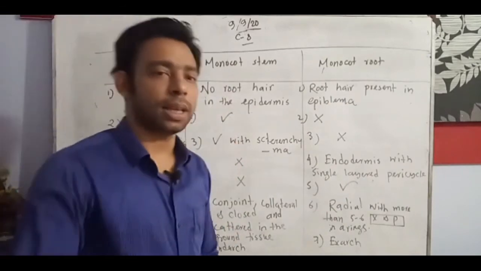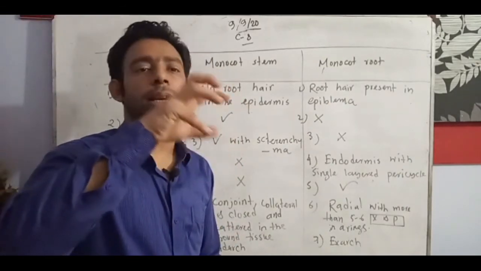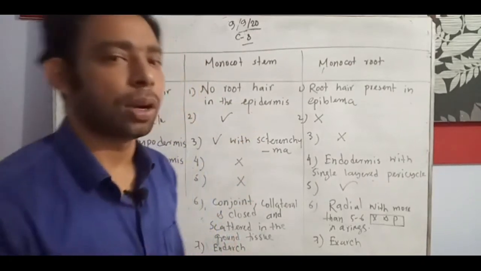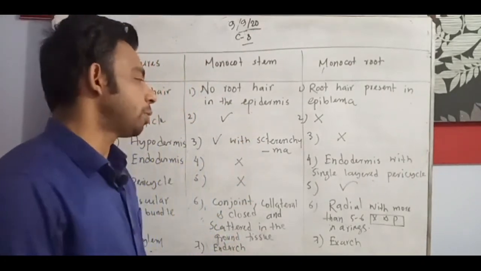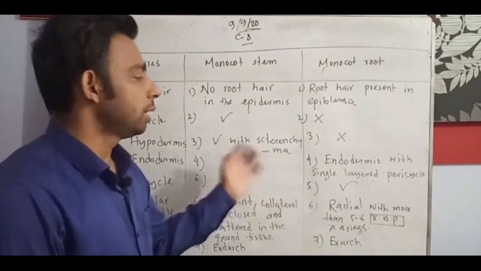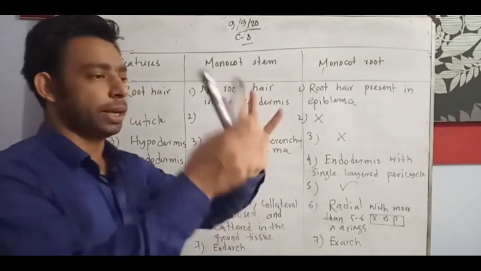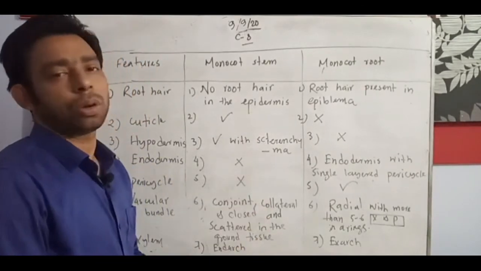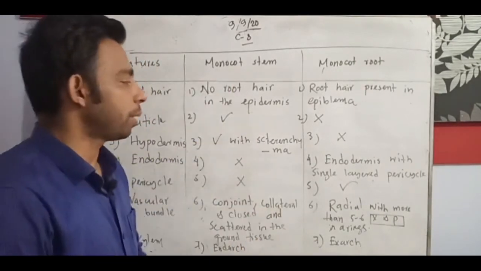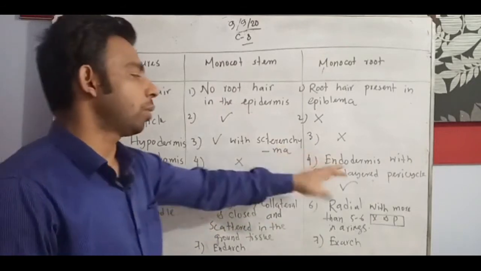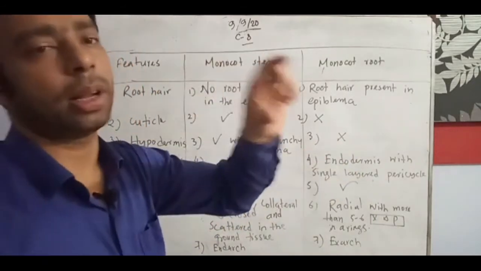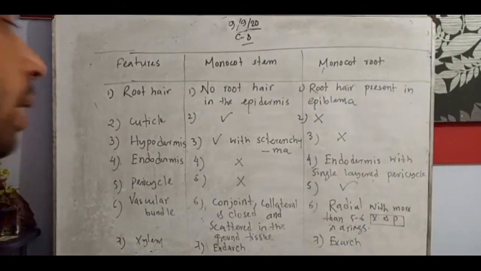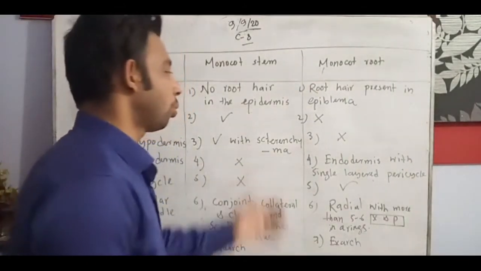We didn't see a proper ring; almost around the center there is a vascular bundle, that means xylem and phloem, but no endodermis-like structure covering inside. Both endodermis and pericycle are present in the monocot root, with the pericycle layer just below the endodermal layer.